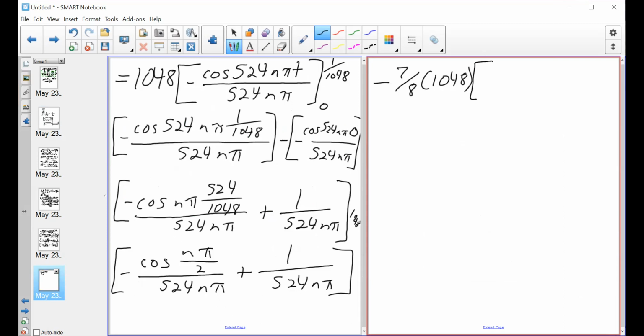Okay, so then cosine of 524 n pi t divided by 524 n pi. And the boundaries are 1 over 1048 to 1 over 524.